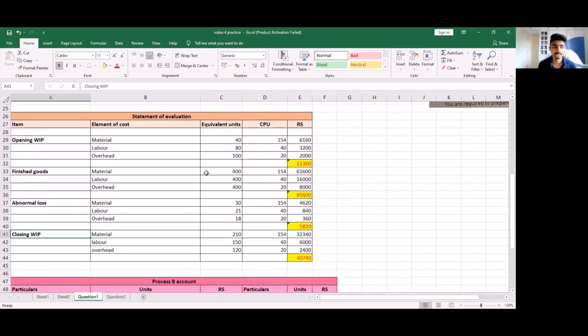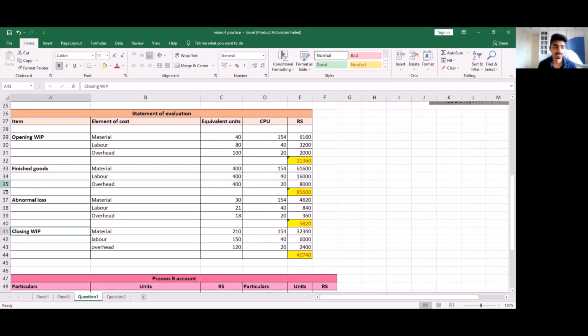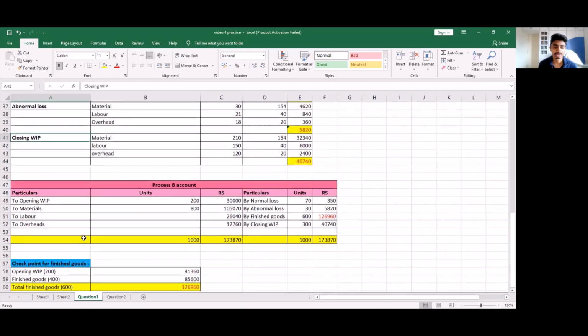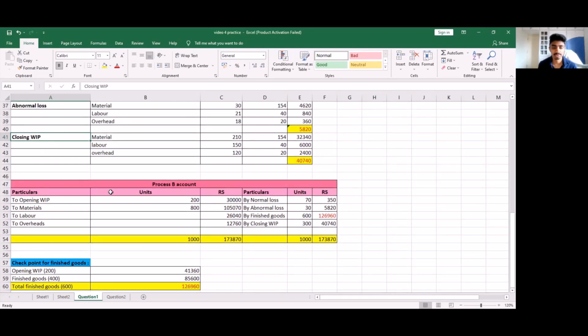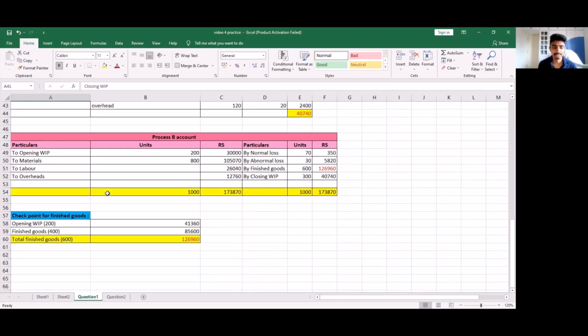So these elements are opening work in progress, finished goods, abnormal loss, and closing work in progress. And finally, we prepared the process B account, which by now I'm sure you all are familiar with. Lastly, we just checked if our answer is right by using the checkpoint for finished goods. If this is clear, let's go on to our question 2.